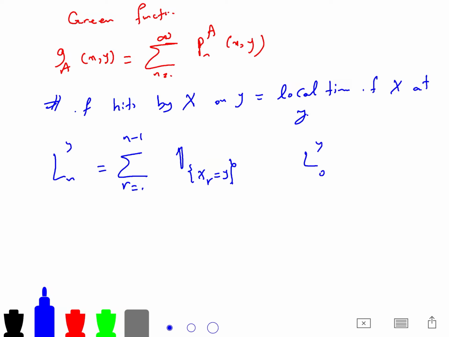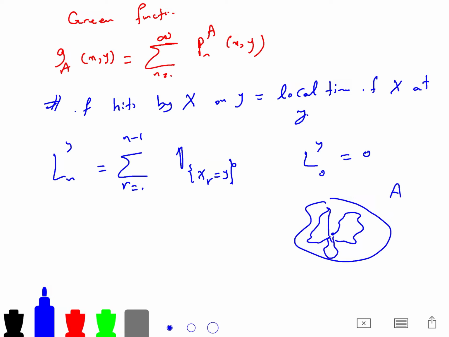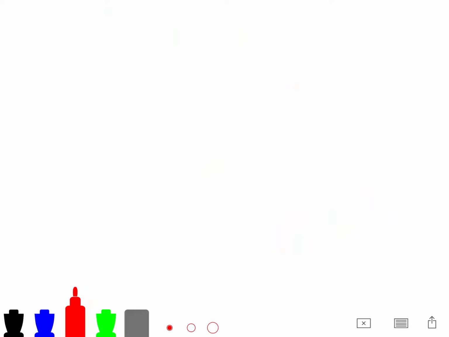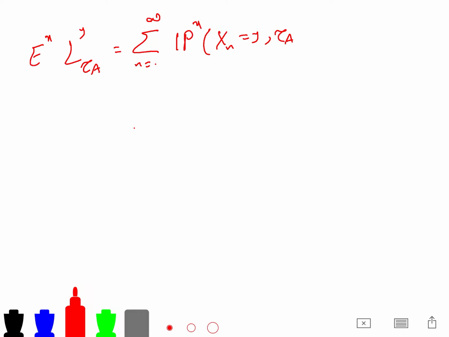As you see, L_0^x(y) is just 0. For example, we have a domain, and it is a random walk, and sometimes it may go out, and after a time it may return to A. So we can write the expectation of this local time, where tau A is the time to exit from A. This is the summation over n of the probability that X_n equals y while tau A is greater than n, meaning n is still less than the exit time.